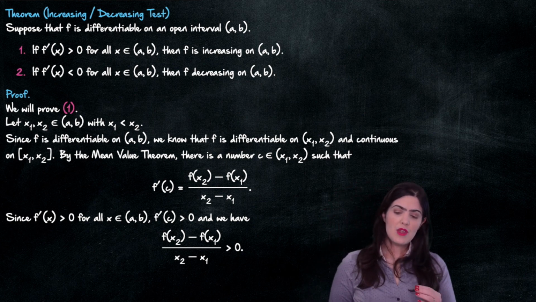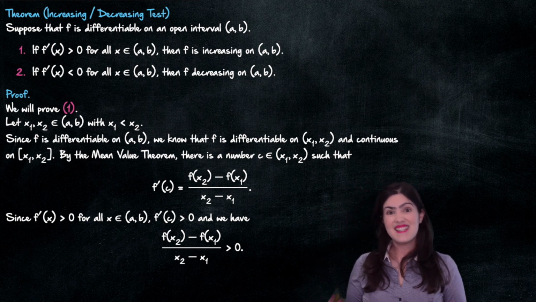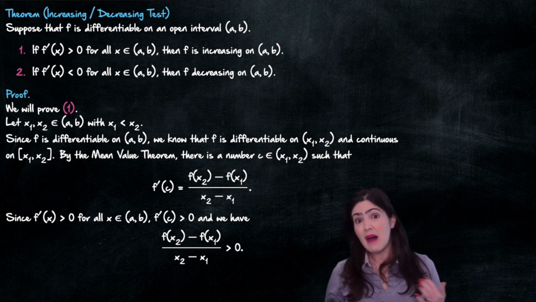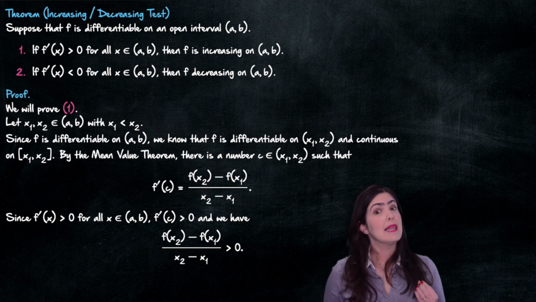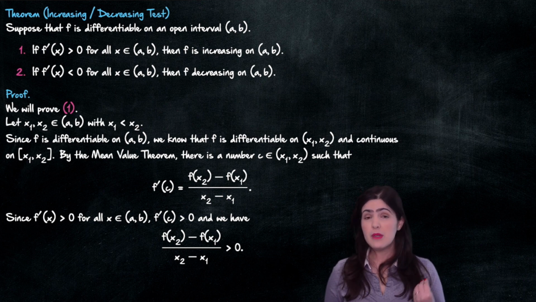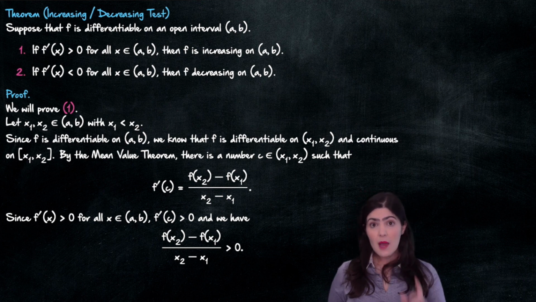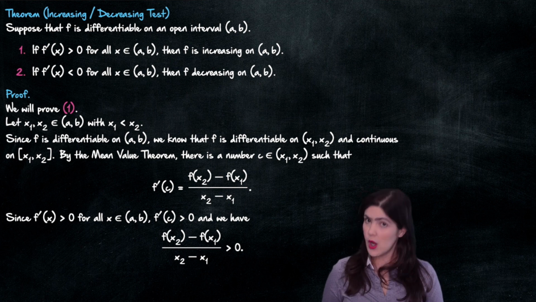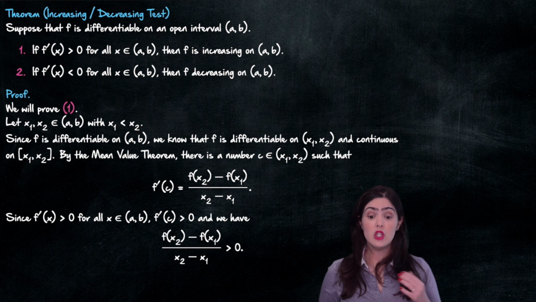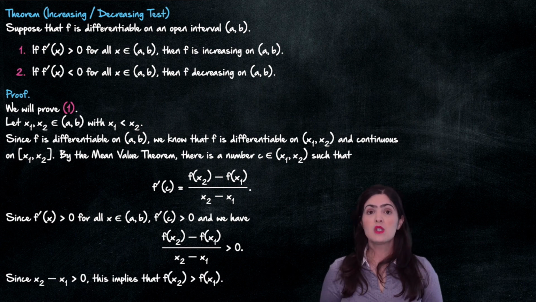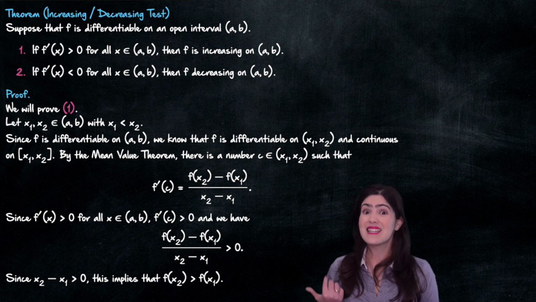If I know that this is positive, what can I say about f(x2) minus f(x1)? Well, we know that x1 is less than x2, and because of that, the denominator is positive. So the only way that my quotient is positive is that the numerator is positive. So we have indeed that f(x2) has to be greater than f(x1), which is exactly what we wanted to prove.